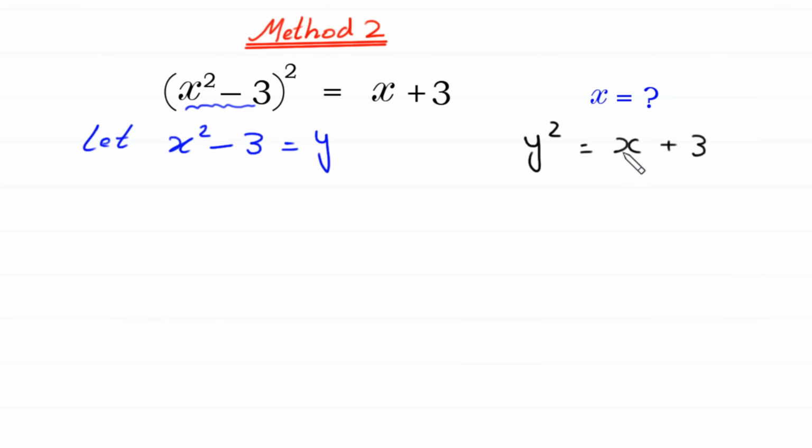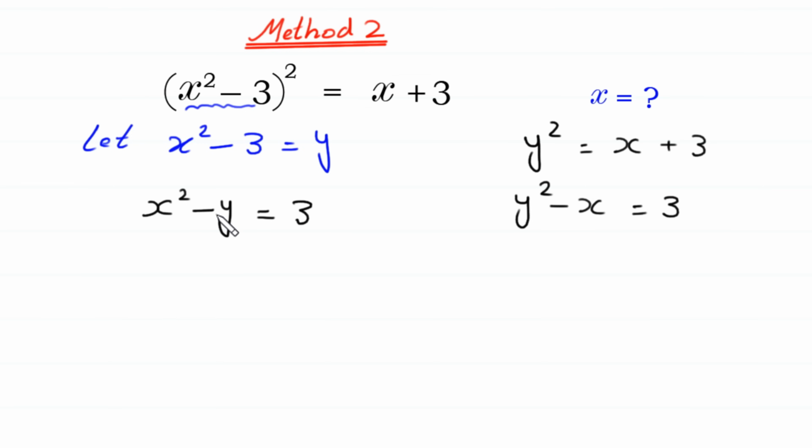Now if we move this x to the left side, then this equation becomes y squared minus x is equal to 3. And from here we move this y to the left side and this negative 3 to the right side: x squared, this plus y becomes negative y at the left side, is equal to, this negative 3 becomes positive 3 at the right side.